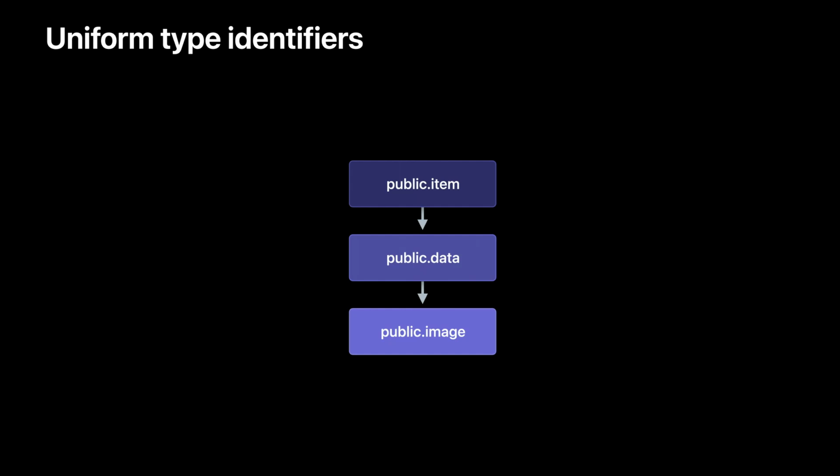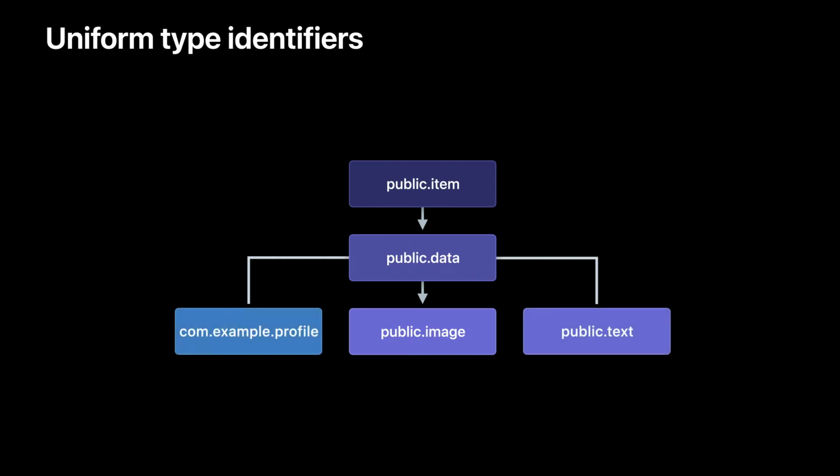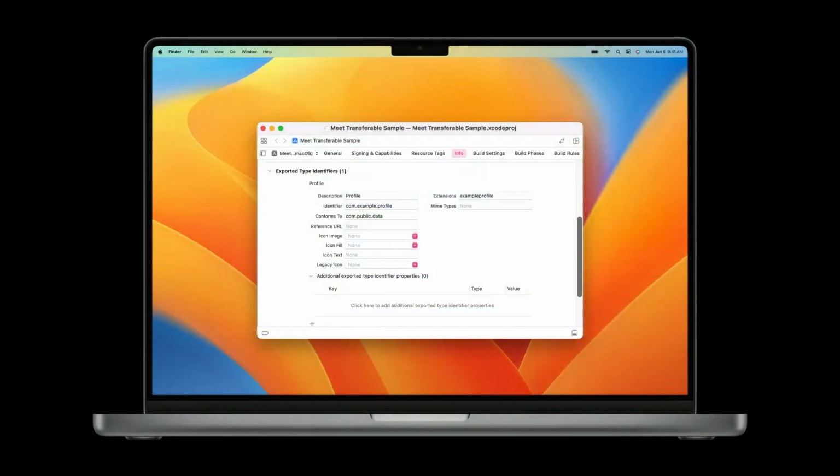The content type, otherwise known as uniform type identifiers, is an Apple-specific technology that describes identifiers for different binary structures, as well as abstract concepts. The identifiers form a tree, and we can also define custom identifiers. For example, one for the binary structure used by our profiles.